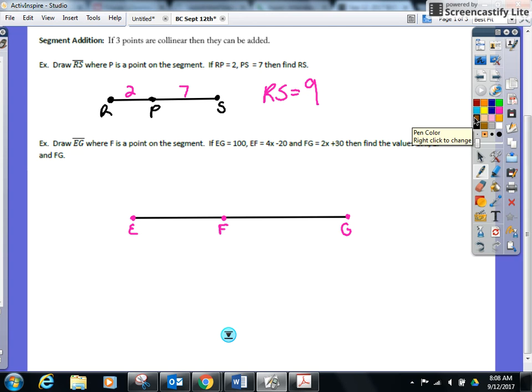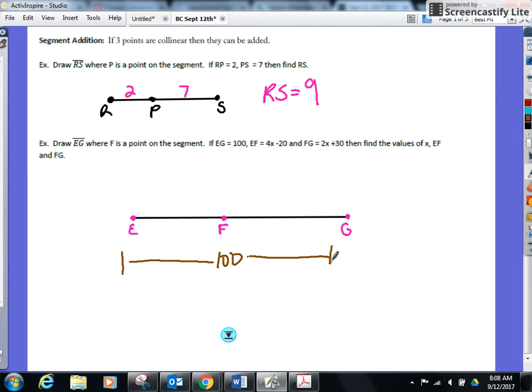They tell us the length of EG is 100, so the length of the entire segment, 100. How you represent that is up to you. You could just put 100 below or above. EF is 4x minus 20. FG has a length of 2x plus 30.